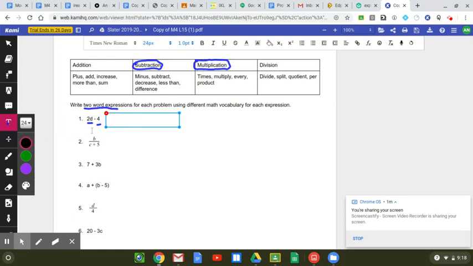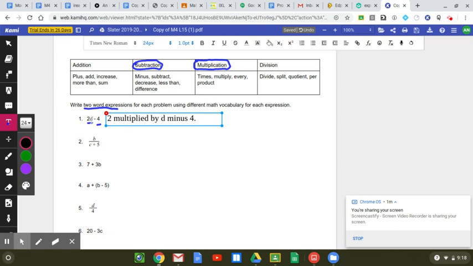Okay, so I am going to do 2 multiplied by D minus 4 for this one. That's just one. Okay, so what I'll have you do is fill in the second one. So this is just kind of like my example, okay? Does that make sense?